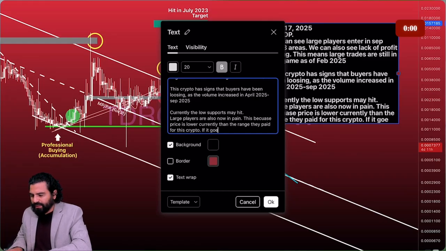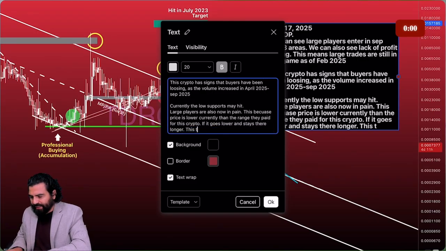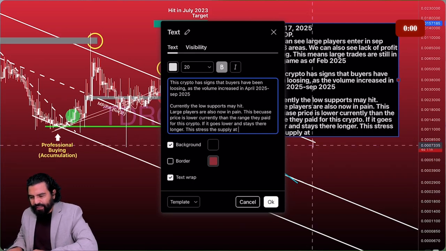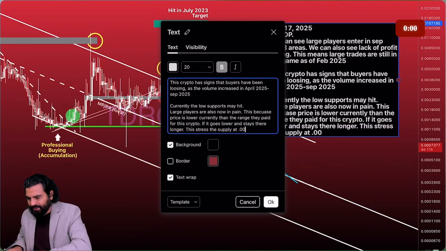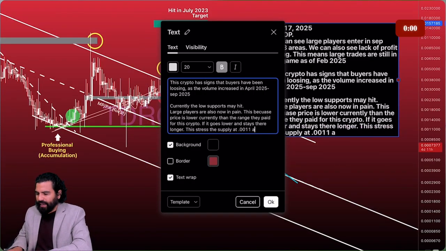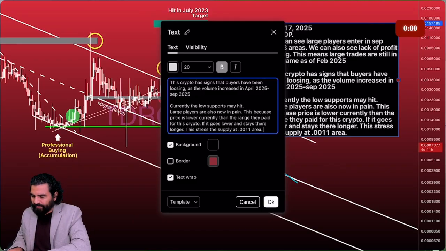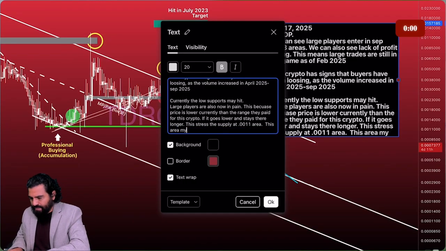If it goes lower and stays down there longer, this stresses the supply at the 0.0011 area. That's what Alex asked. This area may get swamped with supply.